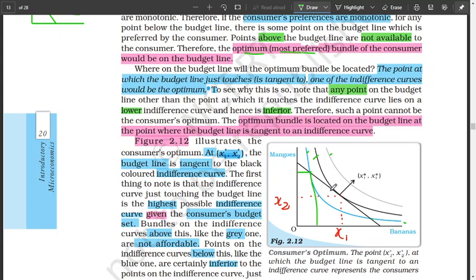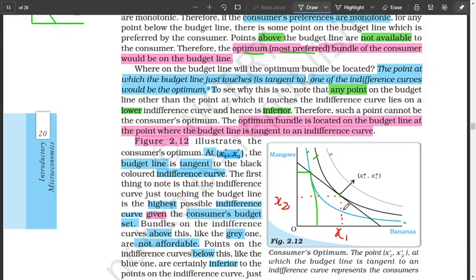So he would like to choose the one that gives maximum satisfaction. The condition is that the indifference curve is tangent to the budget line. We see this bold black curve touches the budget line, and by doing so he gets more satisfaction than on the blue indifference curve, because it's on the higher side. So this is the point that he would like to choose.